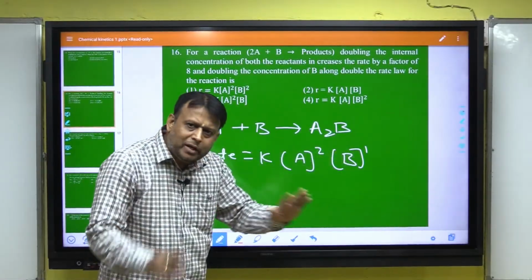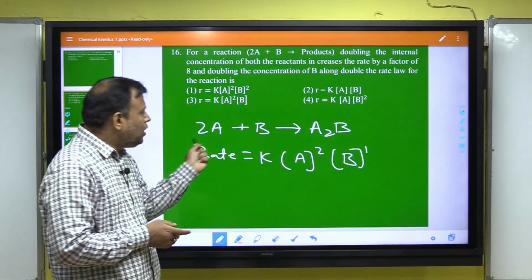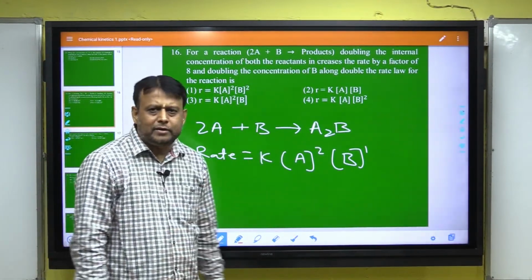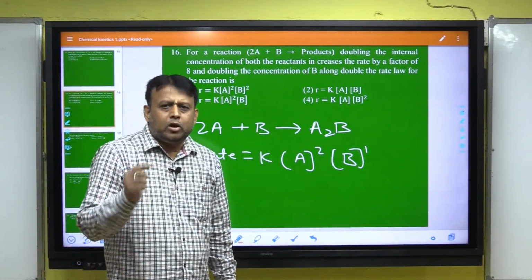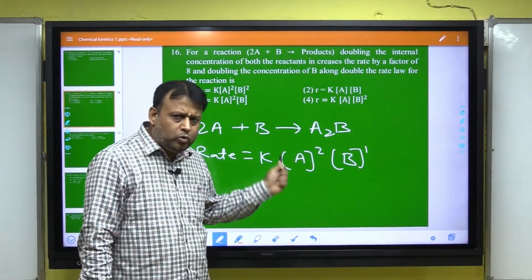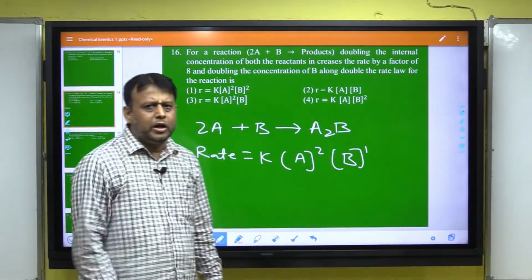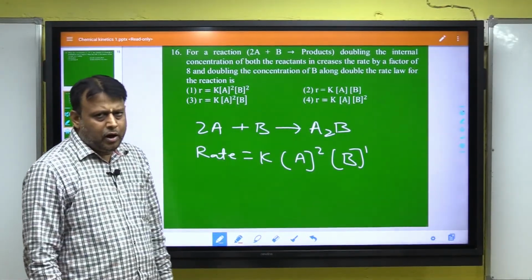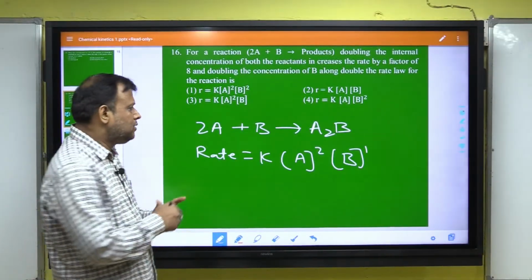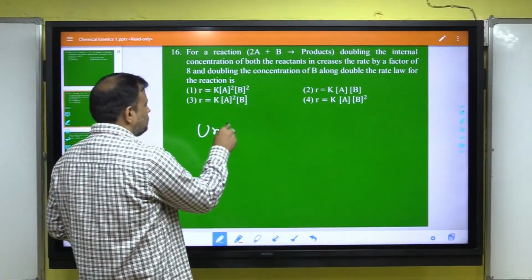The 2 and 1 are obtained from experiment, but equal to the coefficients of the reactants because it is an elementary reaction. Order with respect to A is 2, order with respect to B is 1, and overall reaction is third order.